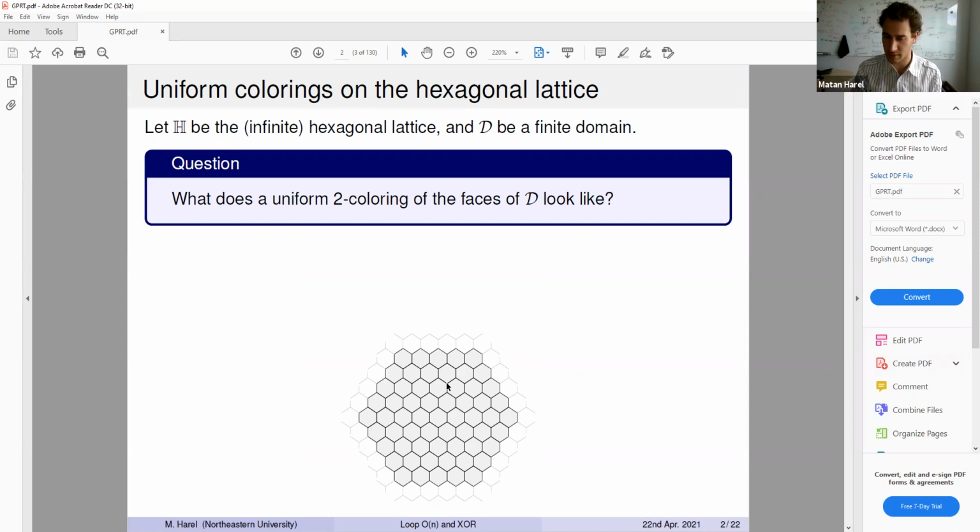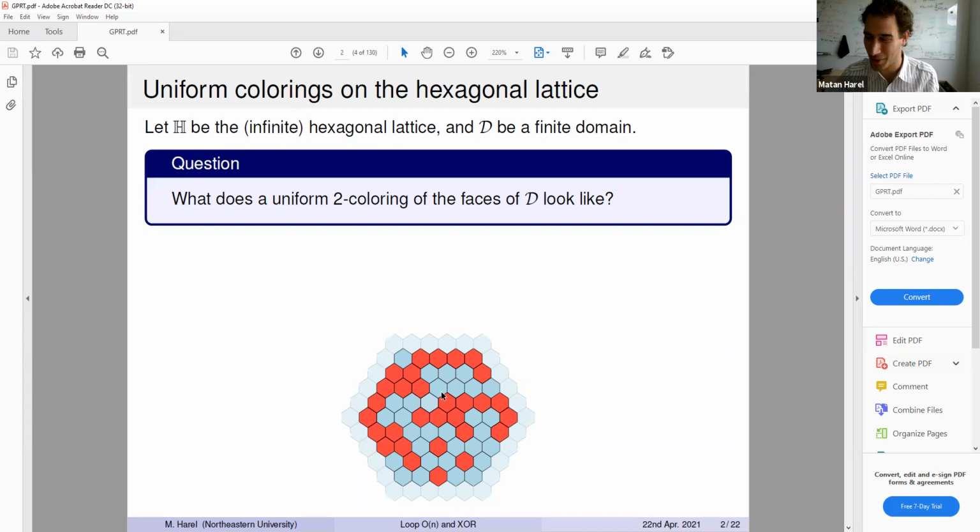In fact, they must, because the faces don't make a bipartite graph. So we just say each of the faces is red or blue with probability 1/2, which is in this case equivalent to a uniform coloring. In this case, I actually had the computer flip coins to get this sample.